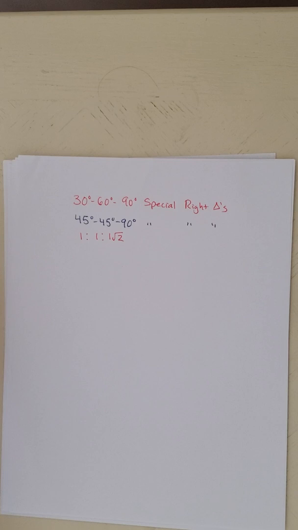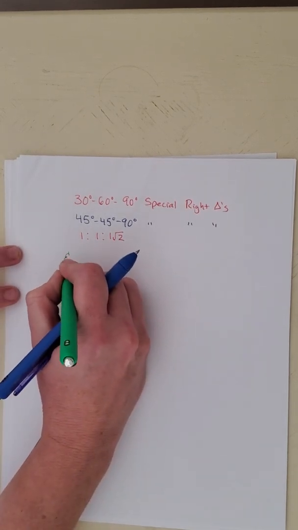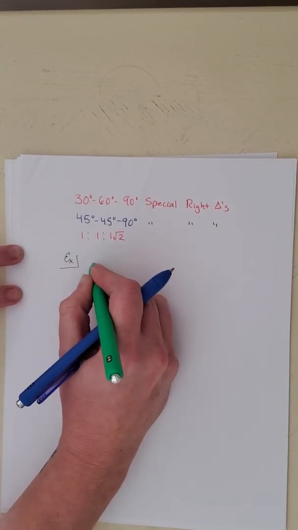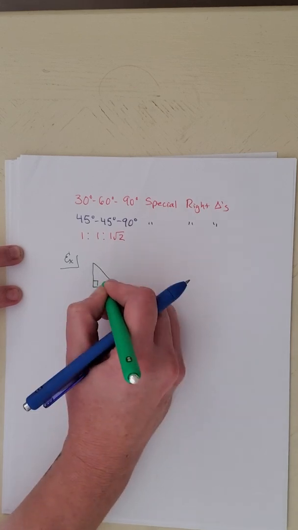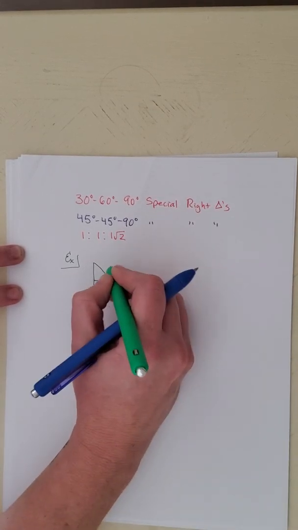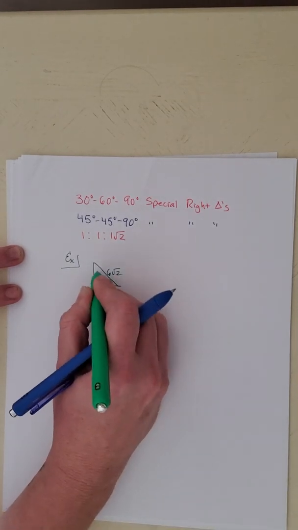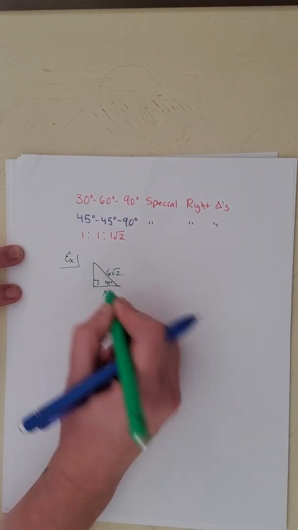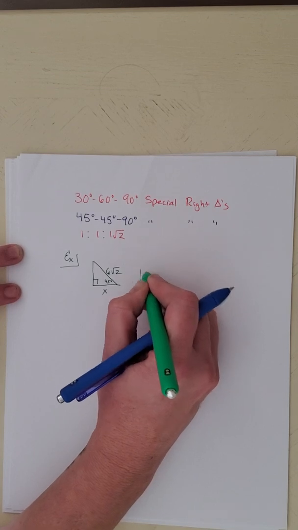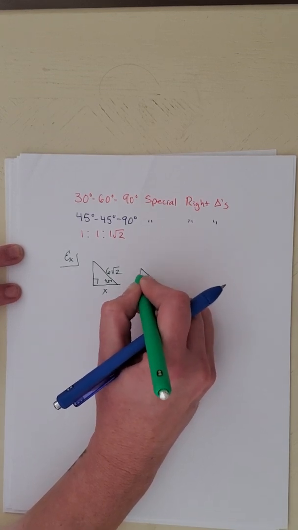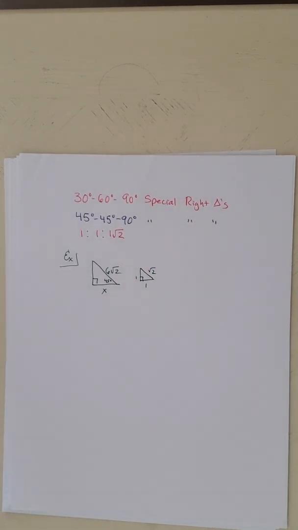So for example, if you have a 45, 45, 90 triangle, and let's say that they've given you that the hypotenuse is 6 square root 2, and they ask you to find the length of one of the legs, x, you're going to draw your reference triangle, which is a 1, 1, root 2, and you're going to create a proportion.